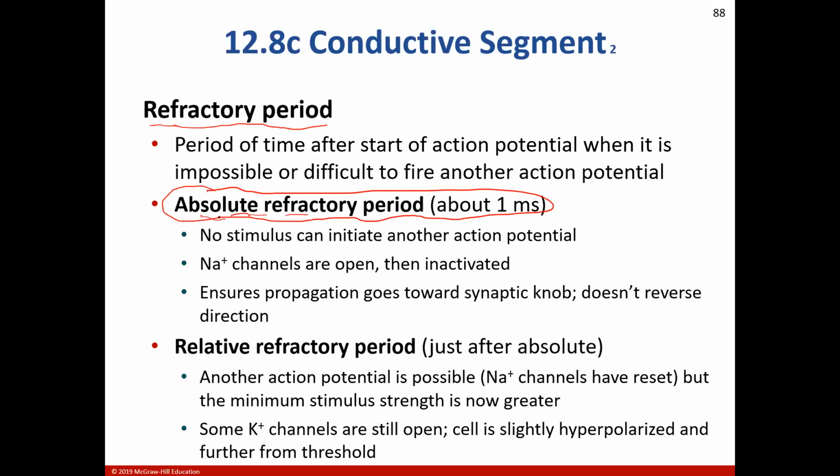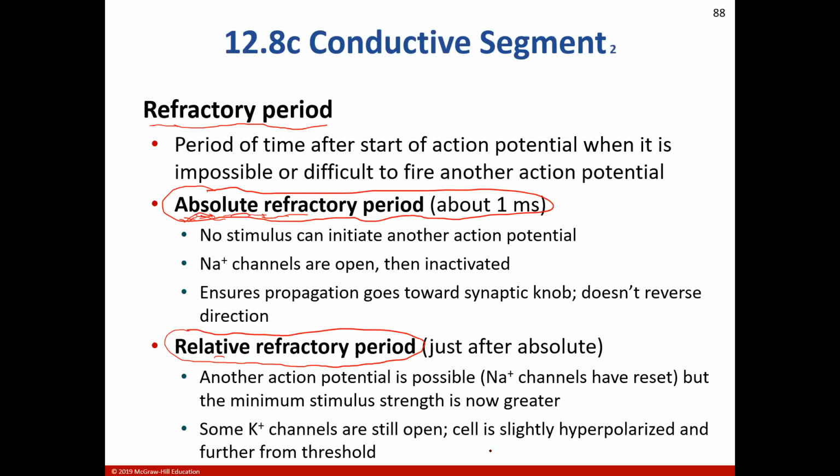If your heart receives a stimulus where it's not supposed to, it can cause tetanus of your heart. It's not so important for skeletal muscle, but the absolute refractory period has to be adhered to in that membrane potential, or else you're going to have a problem with your heart. Relative refractory, you might be able to get another action potential if the stimulus is great enough or you have a high number of stimuli.